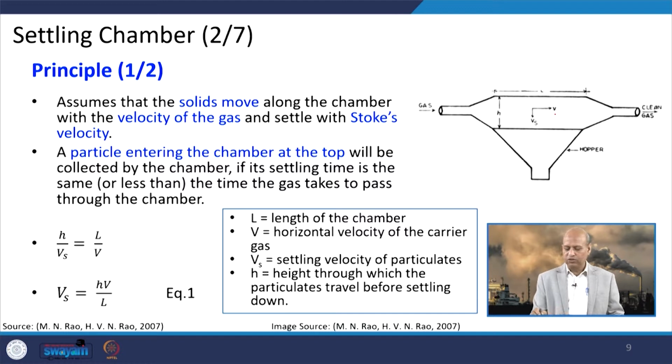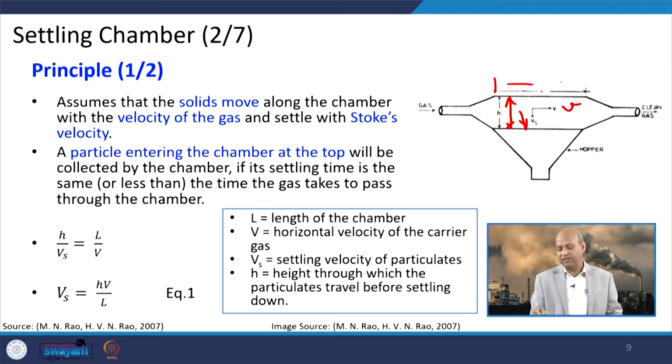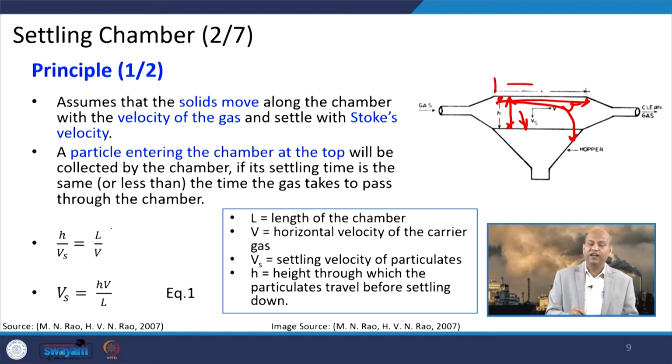The velocity of the gas is v, and the Stokes velocity of the particles which takes them down is Vs. This Vs should be such that with this Vs the height will be travelled by the particle, this path is of length H, and for the gas the path is length L. With V, when the particle reaches this stage, it should come down. So, H divided by Vs equals L divided by V.